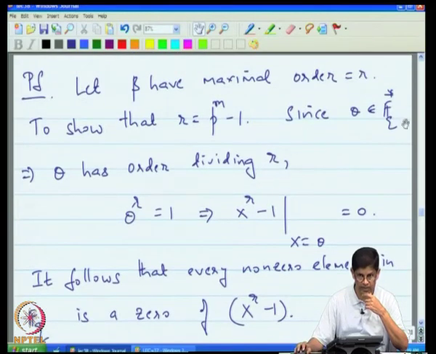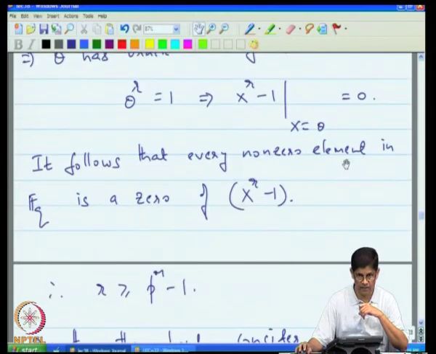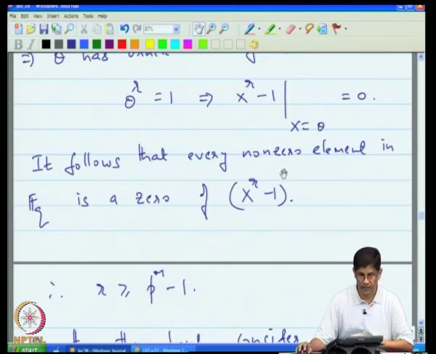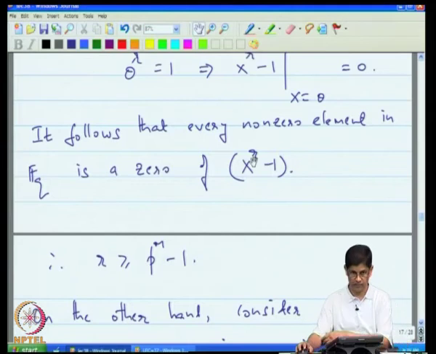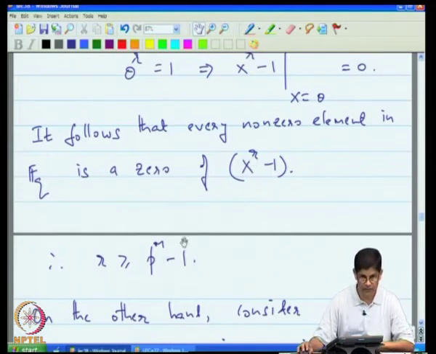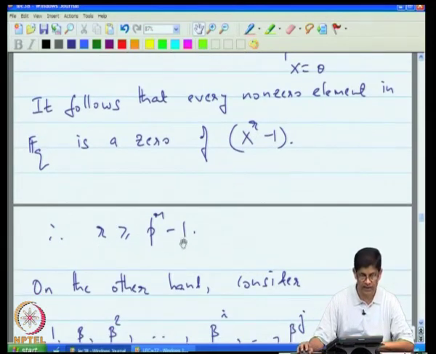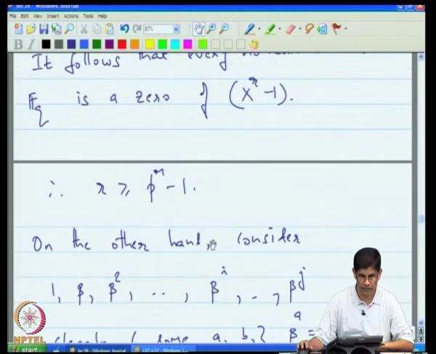But theta was just any arbitrary element in Fq star. So, that means every non-zero element in Fq is a 0 of x to the R minus 1. But the fundamental theorem of algebra tells us that a polynomial of degree R can have no more than R zeros in the field. Therefore, it must be that R is greater than or equal to p to the m minus 1.